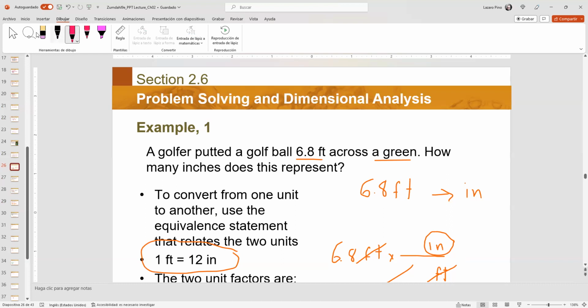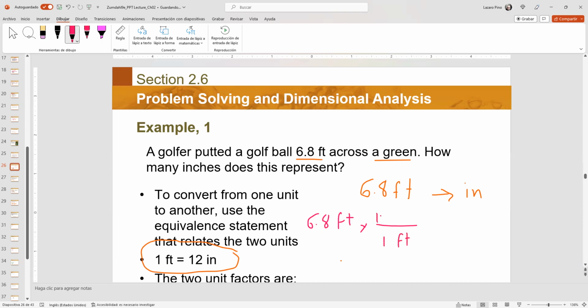Let me write here in order to explain you step by step what to do. Well, you know that 6.8 feet is the given number. And you know that in 1 foot, you have 12 inches.